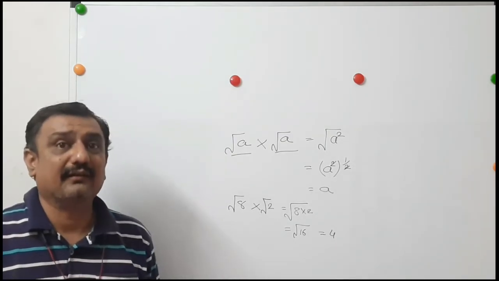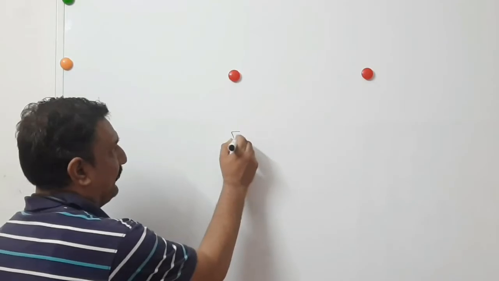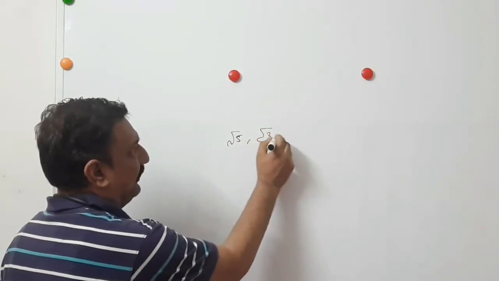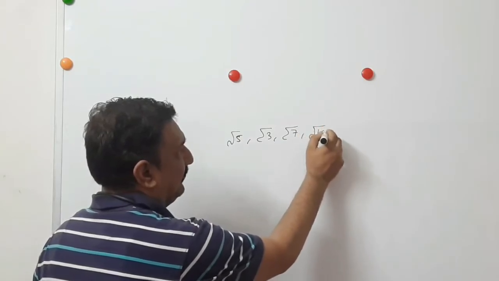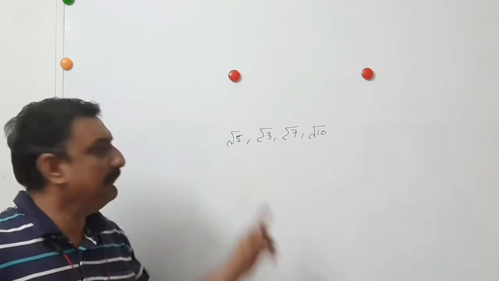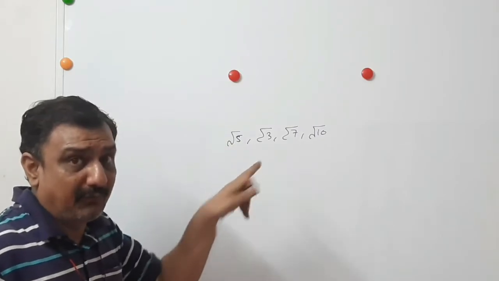that process is called rationalization. So generally, whenever any irrational value is given, like root 5, root 3, root 7, root 10, you simply multiply by the same irrational value again.